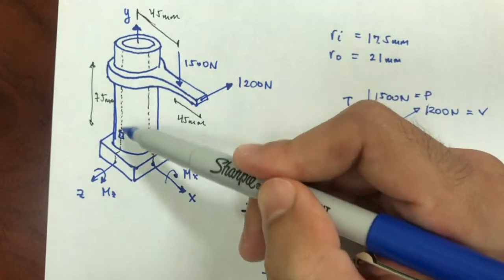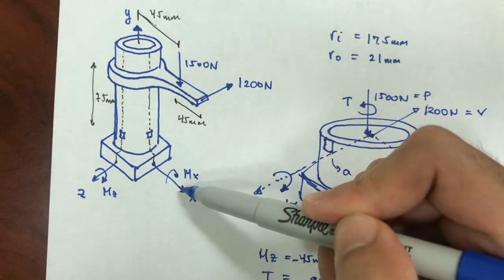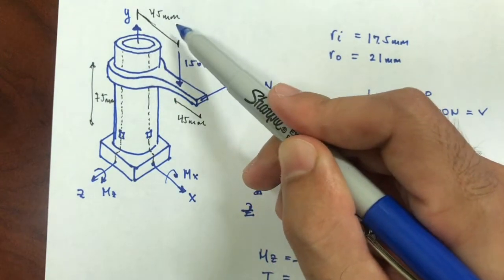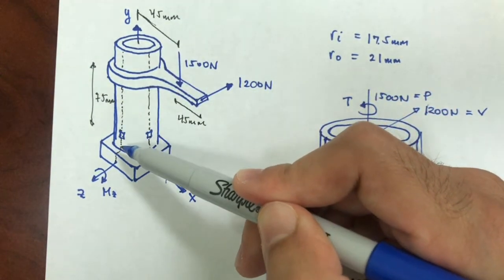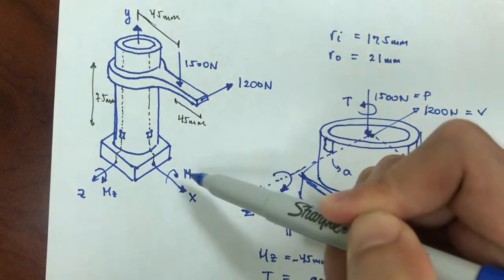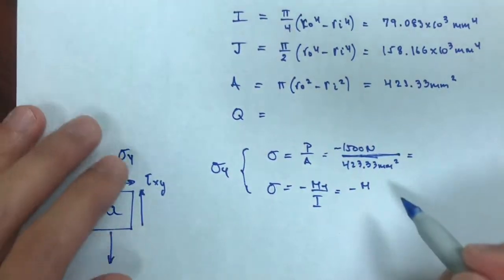So MZ is not causing anything because it would be on the neutral axis. But MX is going to make this pipe bend towards that direction, making this be on the side of the tension due to bending.